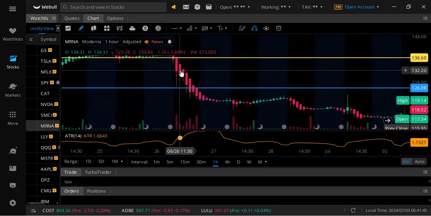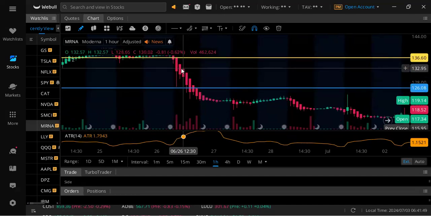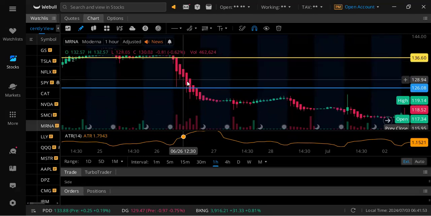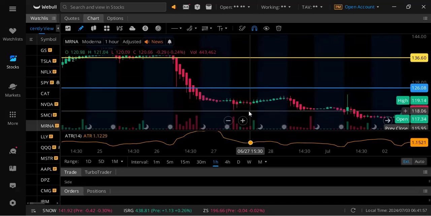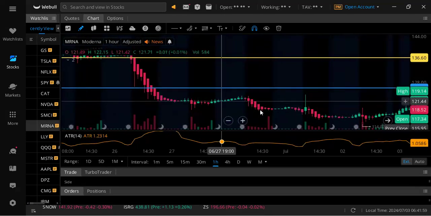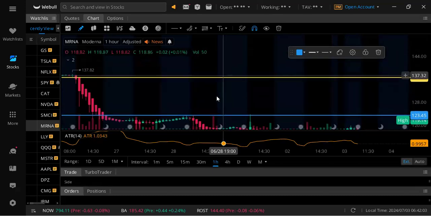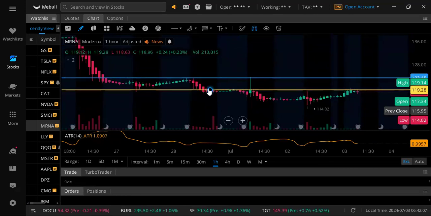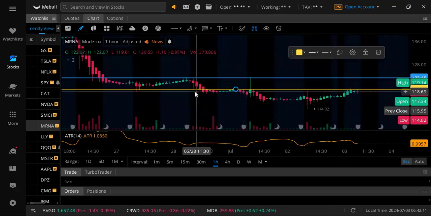Okay, despite it being inside, it was already telling you the intention of this stock, especially because it was creating lower highs. And then finally we broke below it. And the next day we went even lower. Indecision went sideways. Indecision here. Okay, indecision touched the second hour, broke below it.